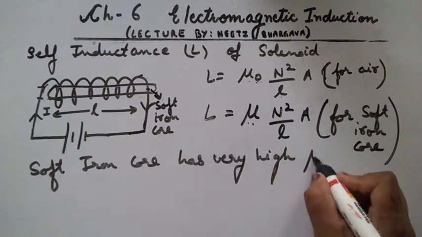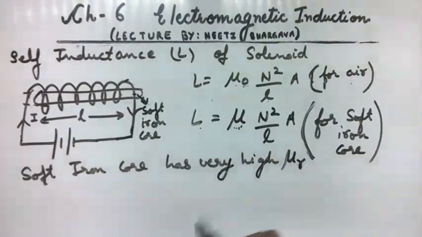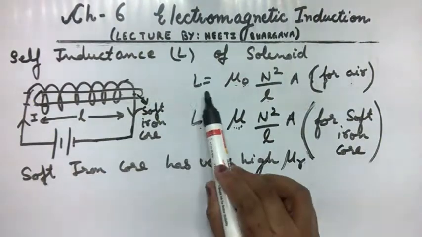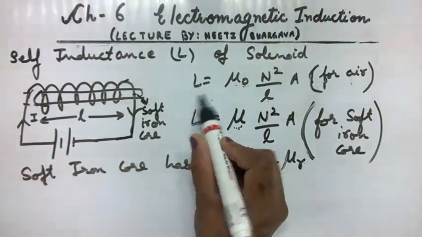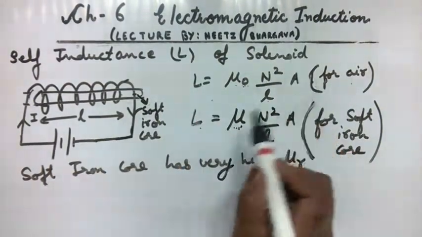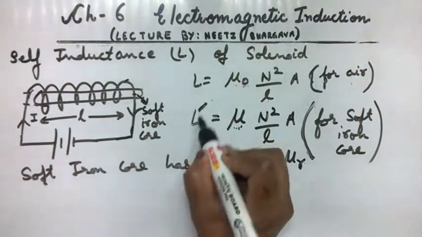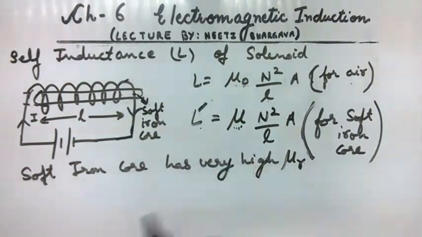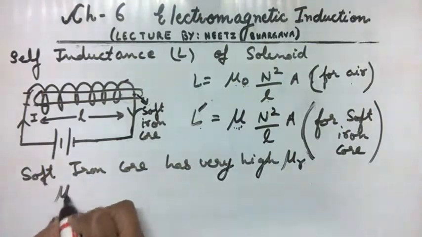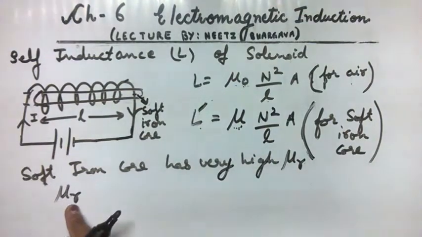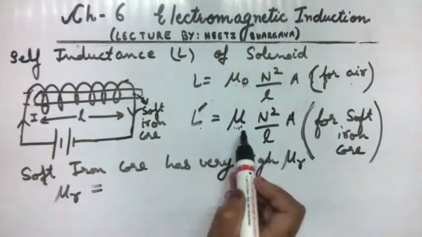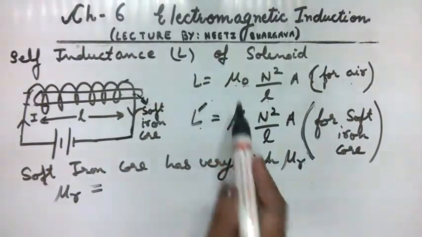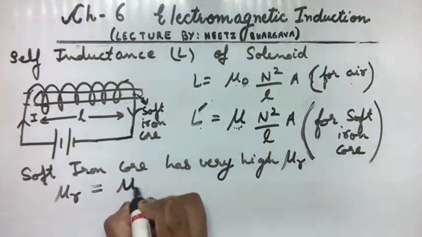Now let's compare this self-inductance to the self-inductance in air. Let us denote it by L dash. We know that relative permeability is the ratio of permeability in the medium to the permeability in free space, that is mu by mu naught.